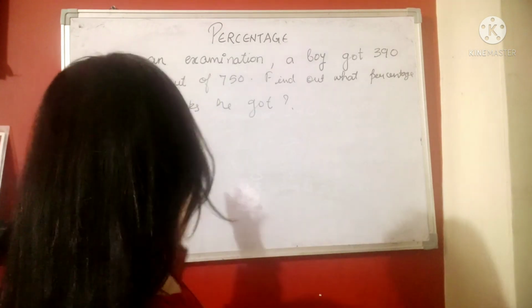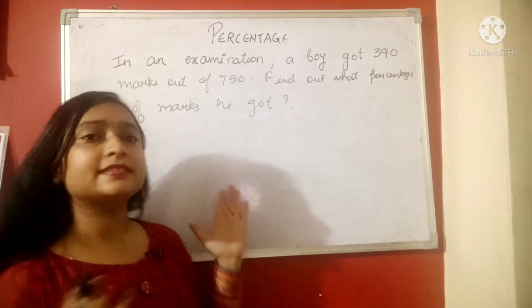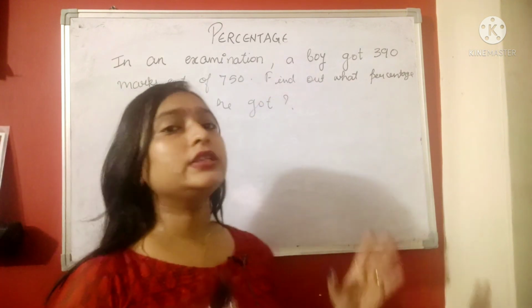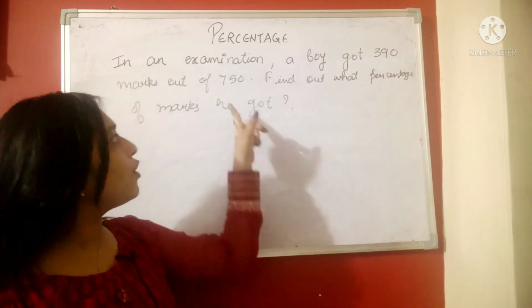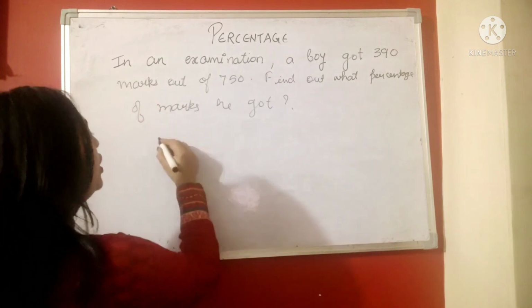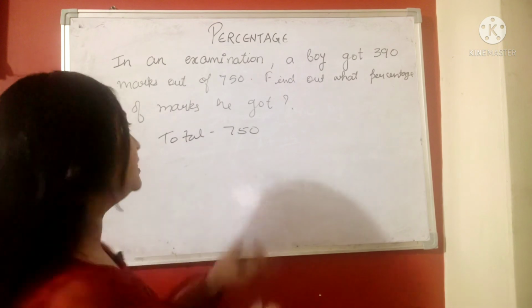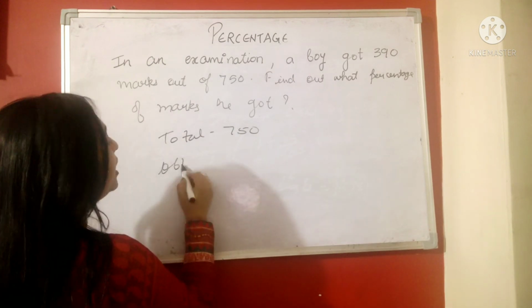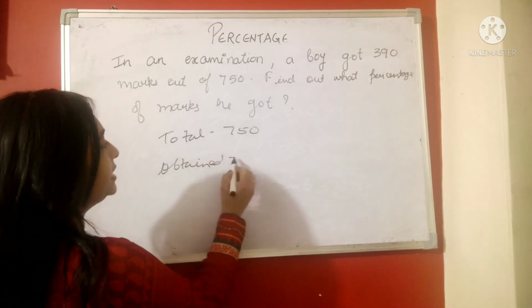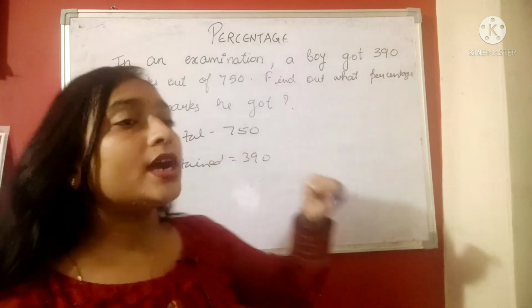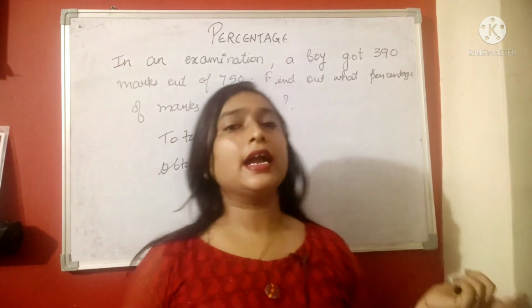Now let's see this question. It says, in an examination, a boy got 390 marks out of 750 marks. So the total marks we have is 750 over here, right? And the marks obtained by the boy is 390, right? Now find out the percentage of marks that he got.